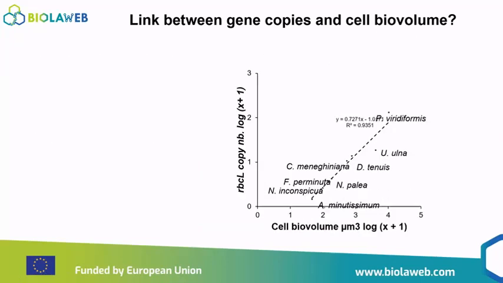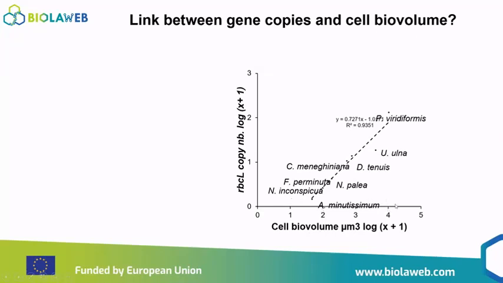Okay, here are the results. On this horizontal axis, you have the biovolume of the cell. On the small biovolumes, you have, for instance, small species like Nitzschia inconspicua and Achnanthidium minutissimum, and on the right, you have big cells, big species like Pinnularia viridiformis and Ulnaria ulna.